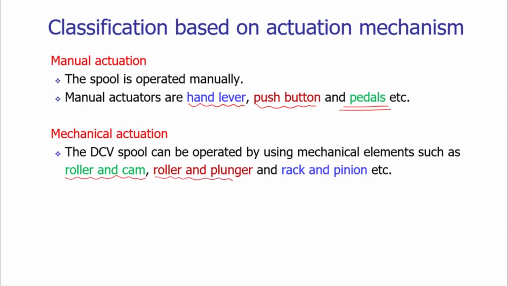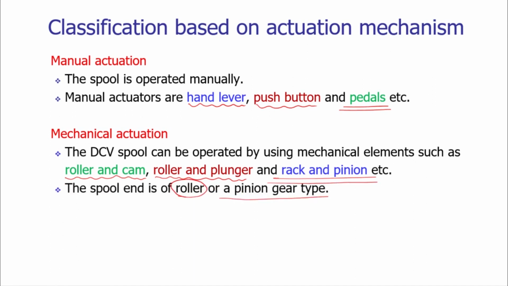Then roller and plunger arrangement. So instead of having a cam arrangement, we can have the plunger arrangement also. Rack and pinion mechanisms can be incorporated to operate these valves. In the typical mechanical actuations, we can have the spool end of roller or the pinion gear type.